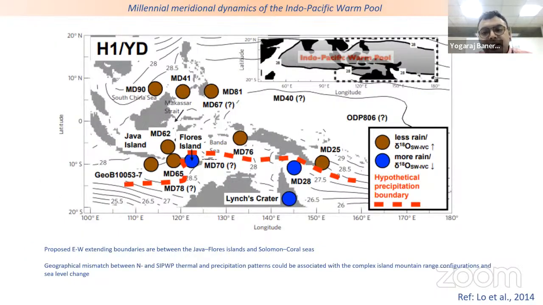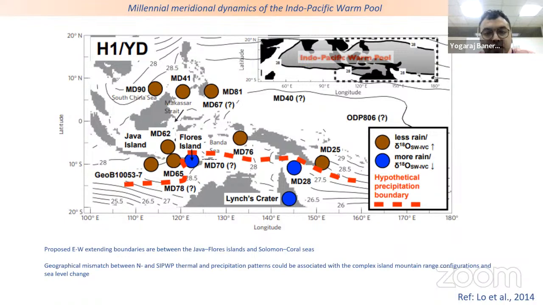And in the next part, the authors tried to draw a hypothetical boundary between the southern part and the northern part of the Indo-Pacific warm pool region. They proposed this hypothetical boundary that extends from east to west between Java, Flores Islands, and the Solomon Coral Seas.